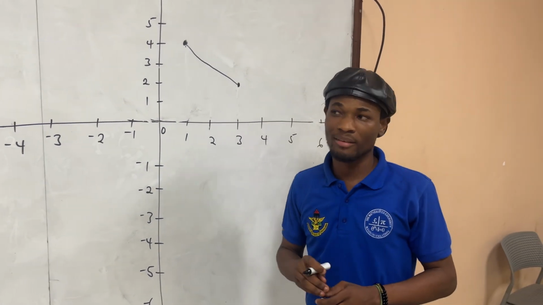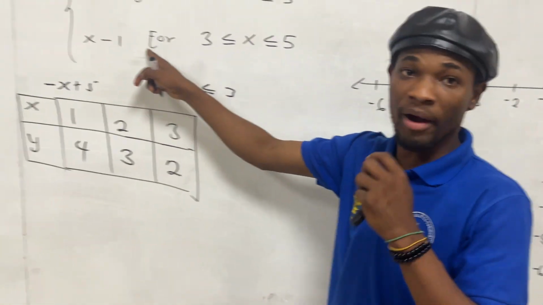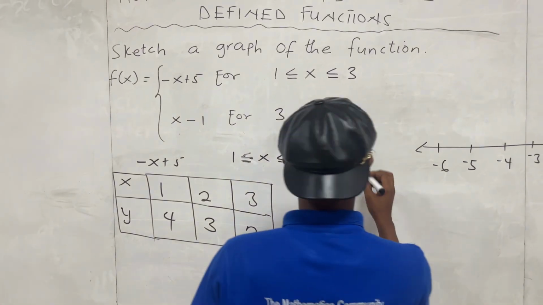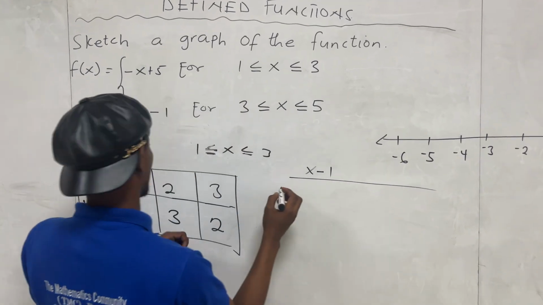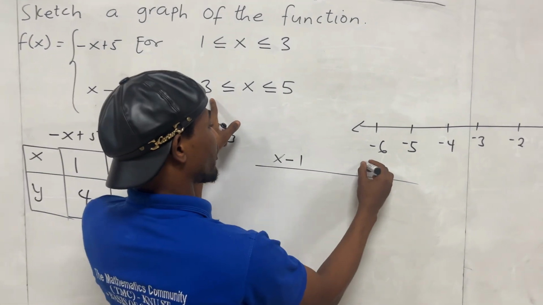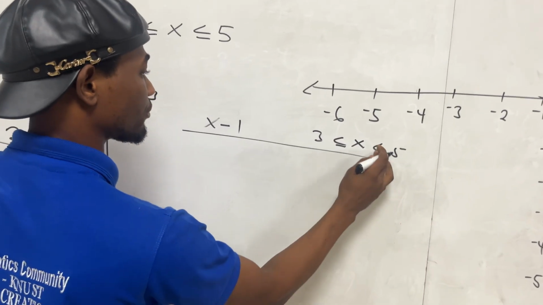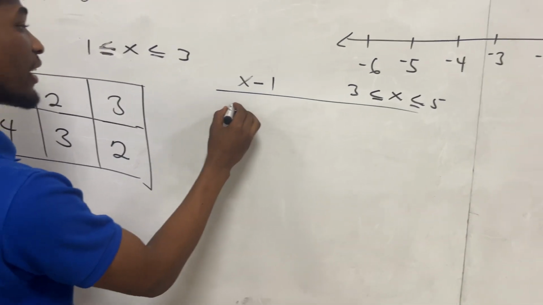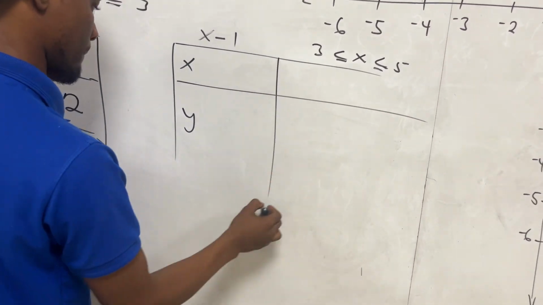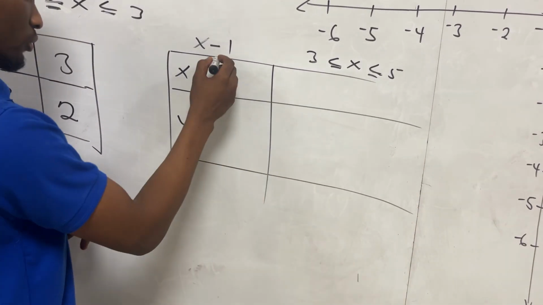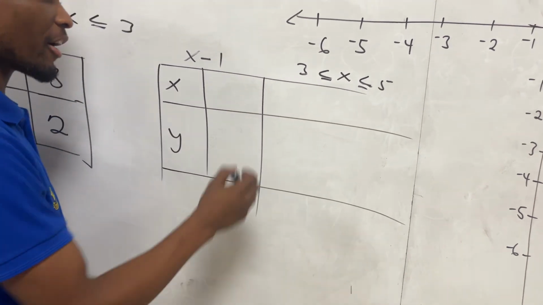Now let's consider the second one. x minus 1, right? So I have x minus 1. Let's draw the table. And there's the interval: 3 less than or equal to x, less than or equal to 5. So I have x, then y over here. That means I'll start from 3, then I'll end at 5.